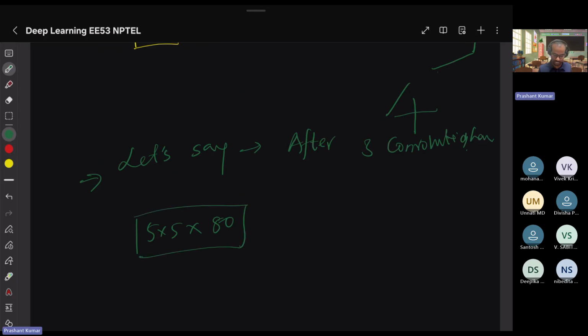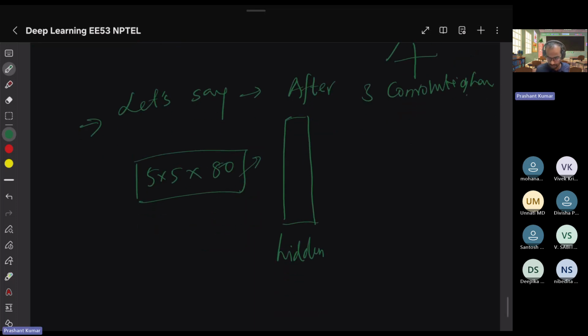After 3 convolution layers, we say, okay, this is enough for us. Now we are going for the classification. We have done enough with the image. Now we want to classify. So we will pass this to a hidden layer, that is the multi-layer perceptron, that is MLP.